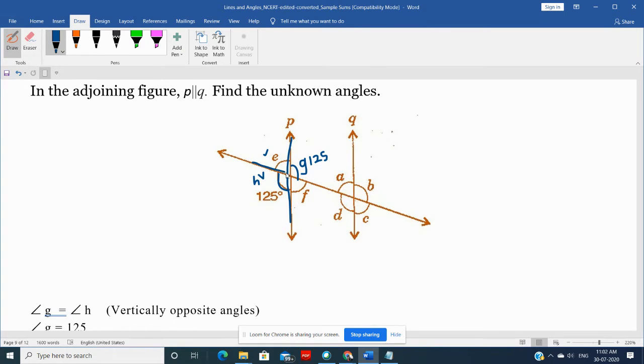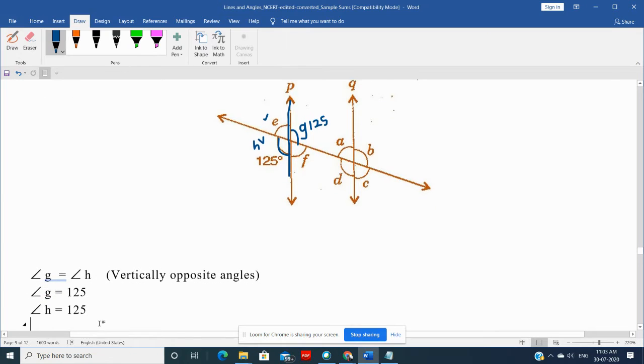Similarly, if you take this line, angle E and G also make linear pair. Whatever is comfortable to you and whatever comes to your mind, that you can say. Now, what I have done is I have taken this, so angle H and E, they make linear pair. So it becomes easy to find out now.